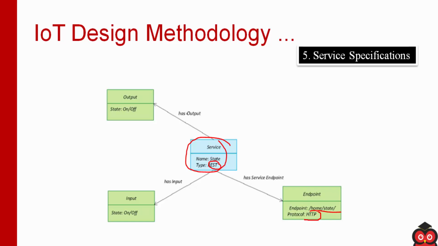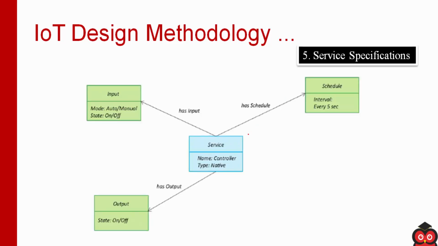Again, the protocol we will be using is HTTP. So the input is the user will choose either on or off in the application. Based on that input, we will have the corresponding output, either on or off. The light bulb will turn on or off.